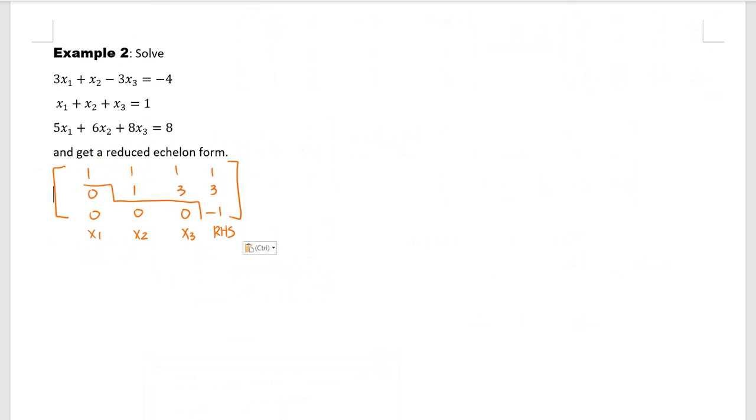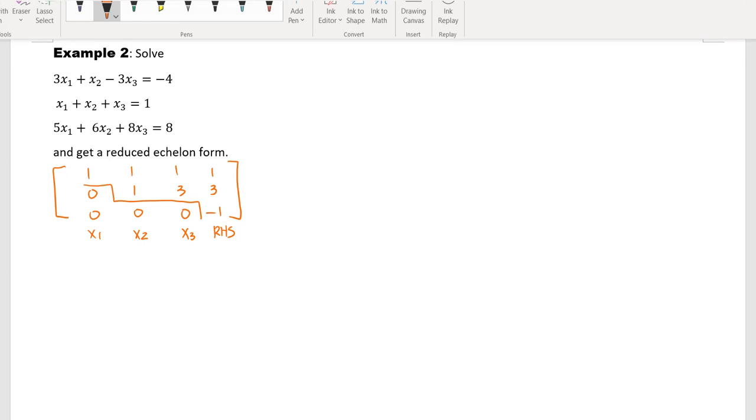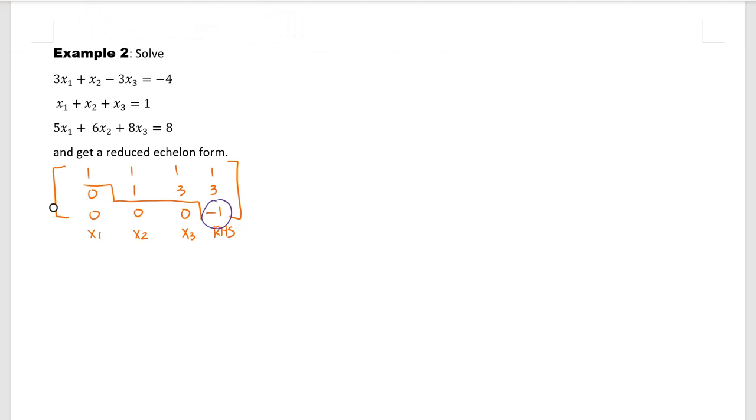Let's continue to make it a reduced echelon form. We go backwards and look at the last row. We want to make the leading entry 1. How do we make this 1? We use minus row 3, and then we get 0, 0, 0, 1 as the last row.